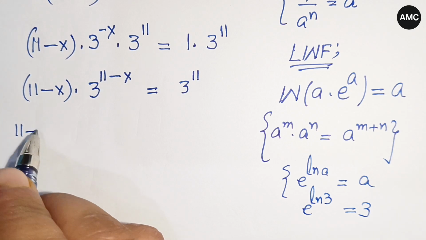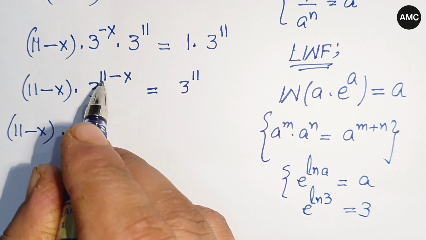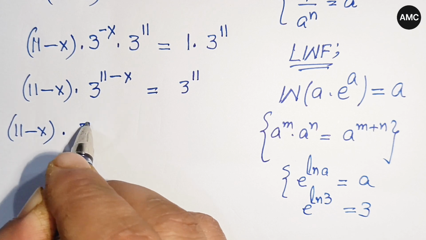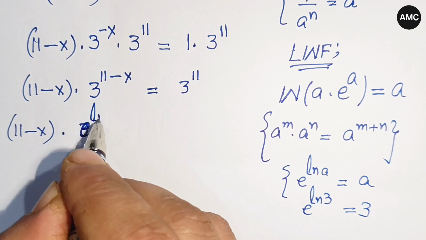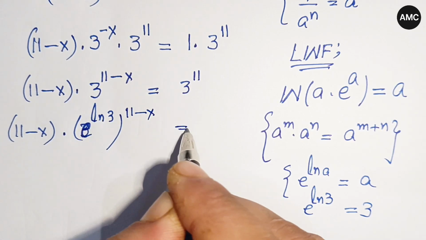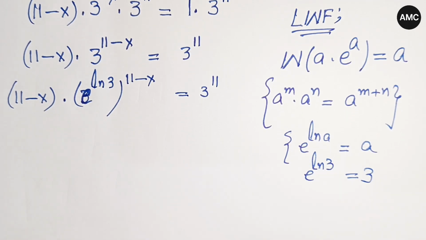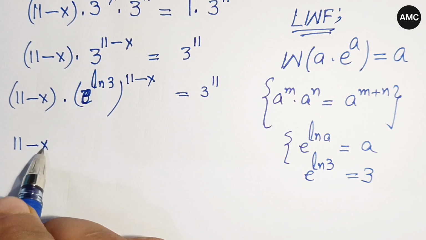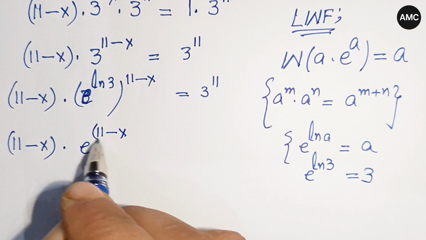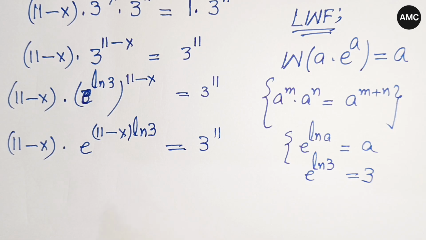Now 11 minus x times 3 to the power 11 minus x can be written as e to the power natural log of 3, whole to the power 11 minus x, which is equal to 3 to the power 11. Now we have 11 minus x times e to the power 11 minus x times natural log of 3, equal to 3 to the power 11.